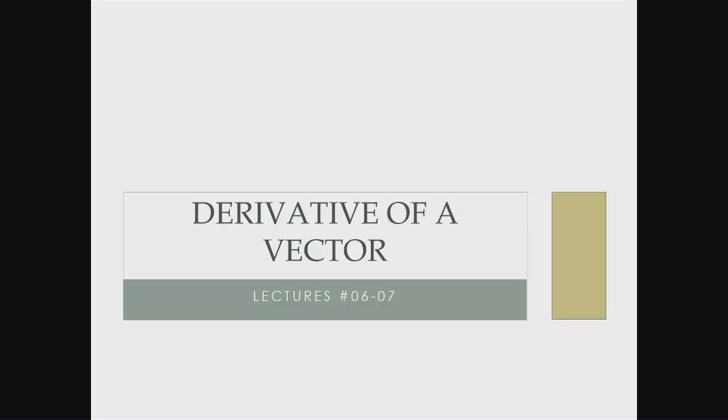And then in order to continue towards setting up Newton-Euler equations, you will need to know how to take a derivative of a vector which is represented in a coordinate system which is not a non-moving coordinate system.